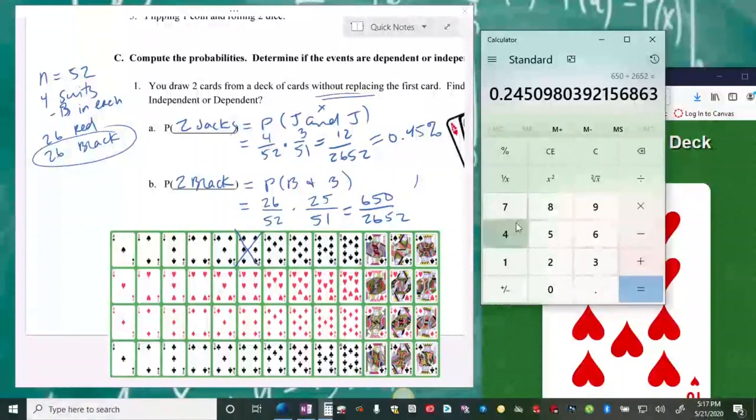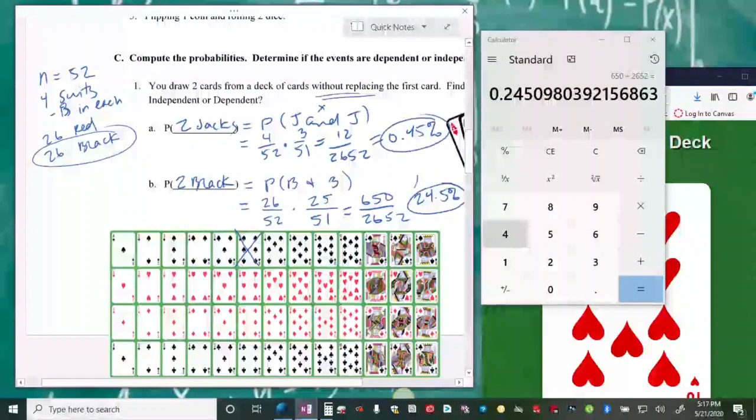And this time I end up with a pretty decent probability, so about 25%. So here we get 24.5%. Okay, I think I've got one more of these. So again, let me go ahead and erase what we've done. And let's go down to the next one.